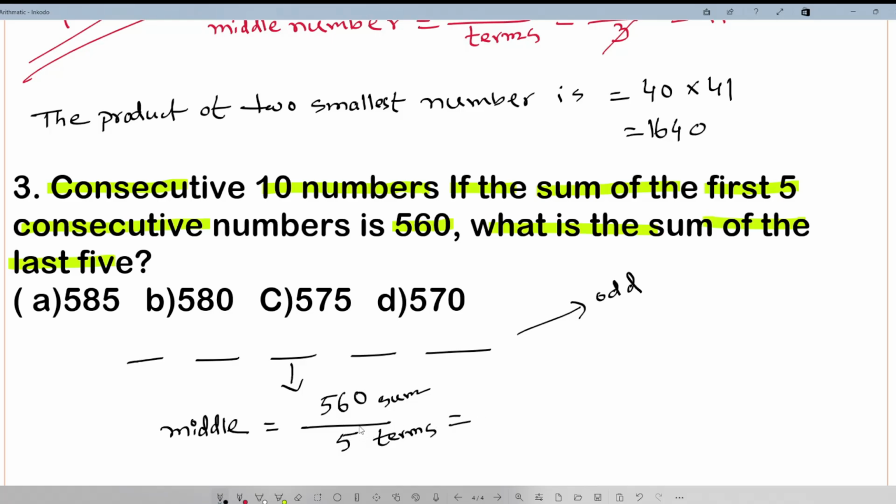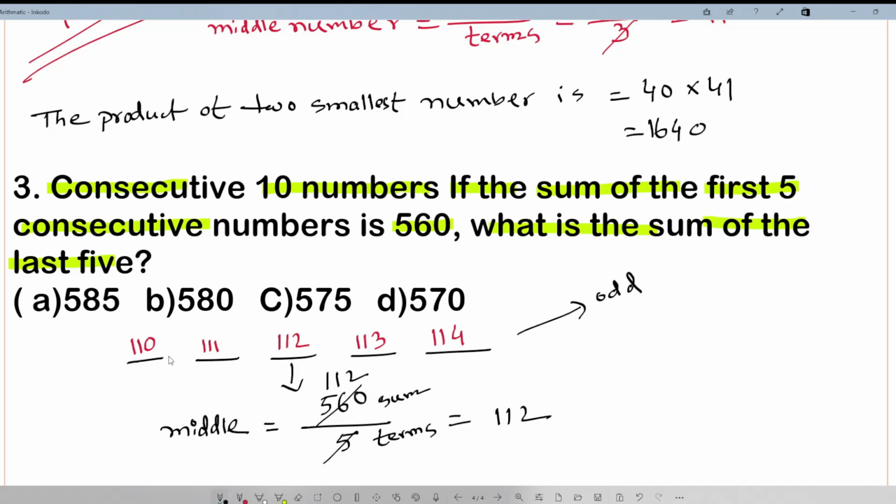560 divided by 5 gives 112. So 112 is the middle number. So this one is 111 and this one is 110. Right? And here is 113 and 114.